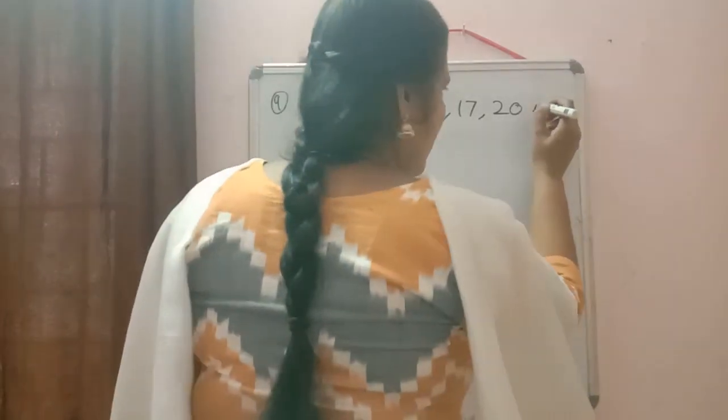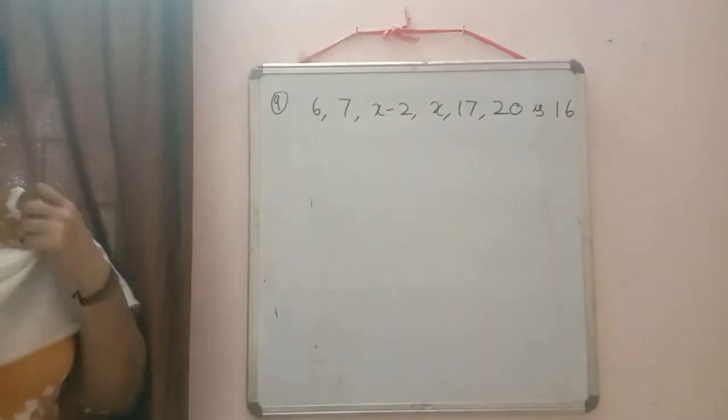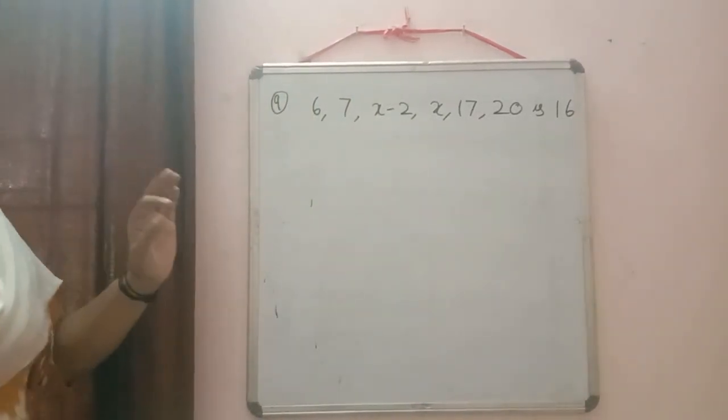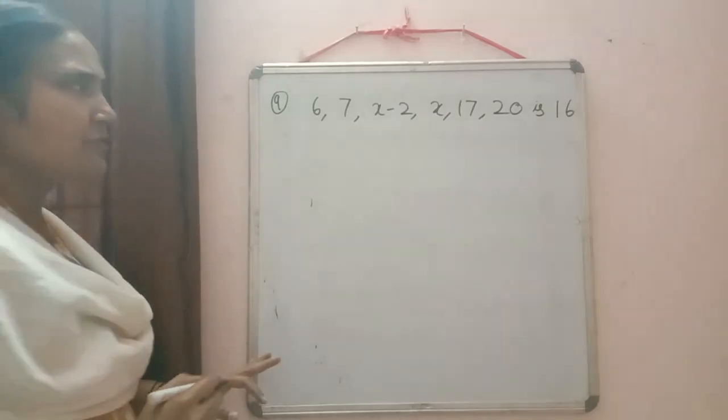The median of these observations is 16 is given. Then find x. So already in the question they said observations are written in ascending order, then we don't have to check also.